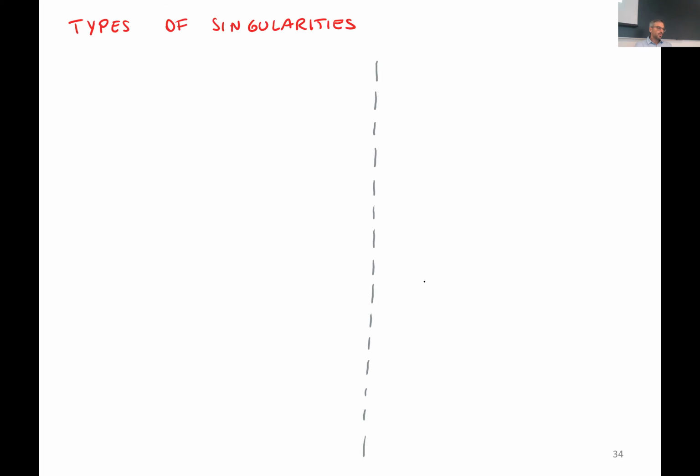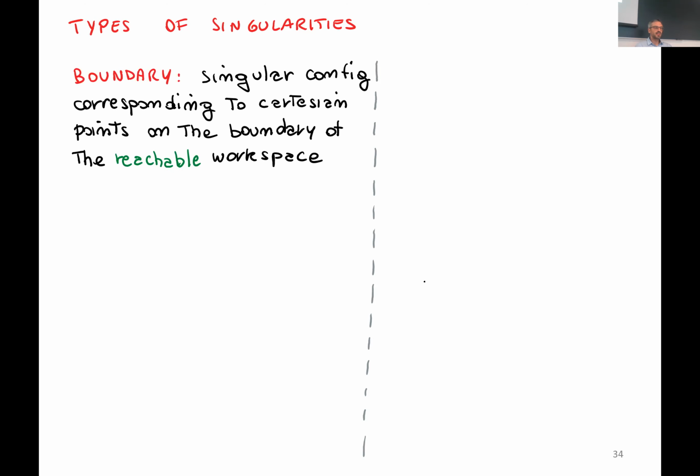Then what are the types of singularities we can encounter in our robot? We can partition them in two big classes. One is the boundary singularity, that are singular configurations that correspond to points in the Cartesian space that are on the boundary of the reachable workspace. You remember the reachable workspace that we found 2 lectures ago?